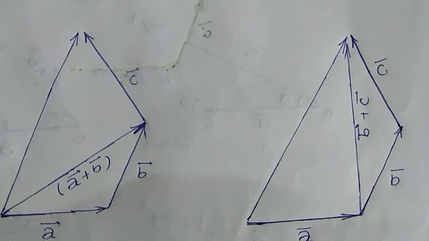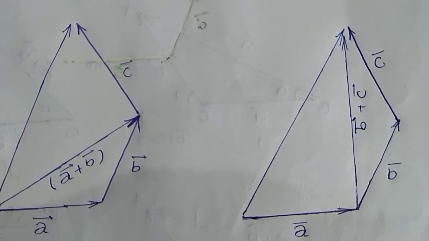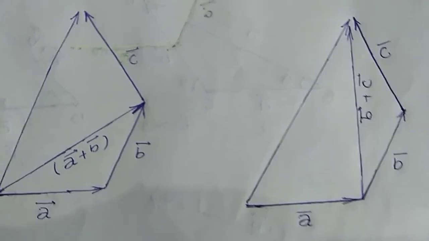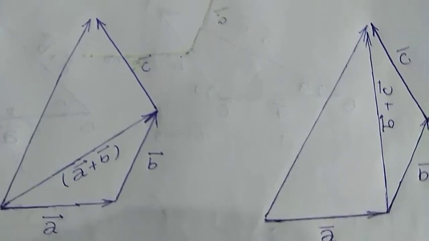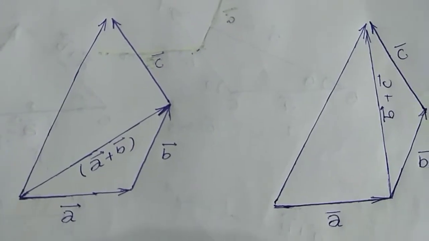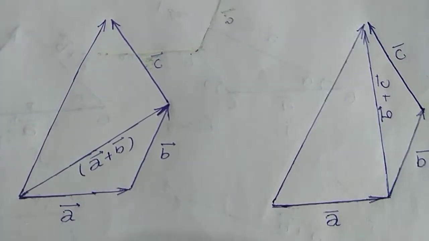Now, if we are adding A, again we already drew two figures here. Suppose A, B and C are three vectors of the same kind.